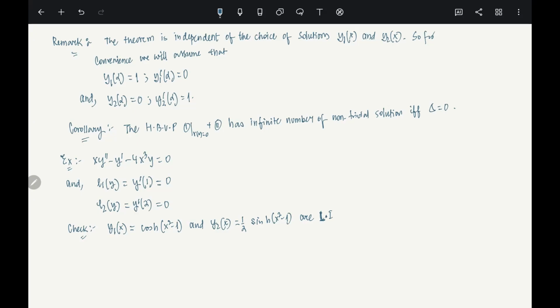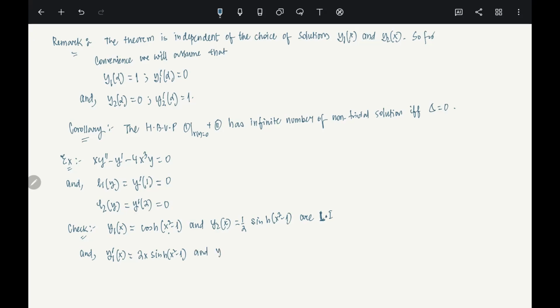Now y1 prime at the point x is nothing but the derivative of this: 2x sinh(x squared) minus 1.